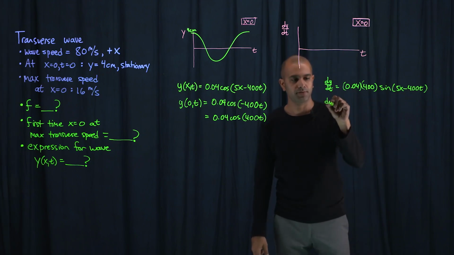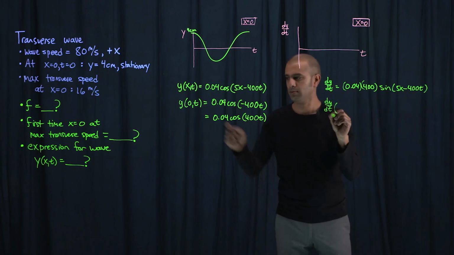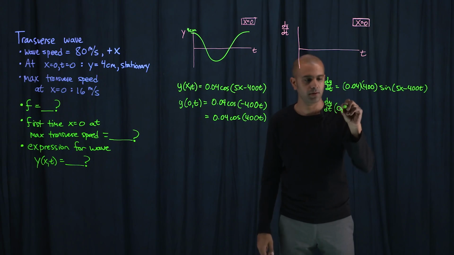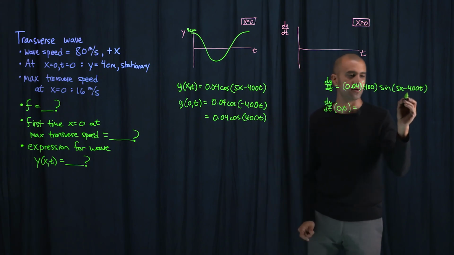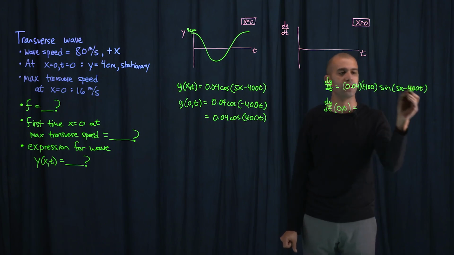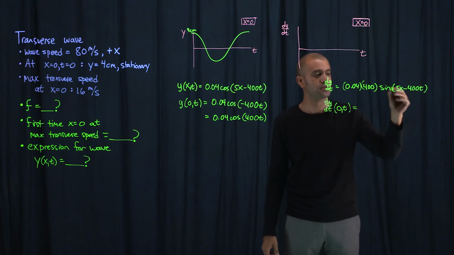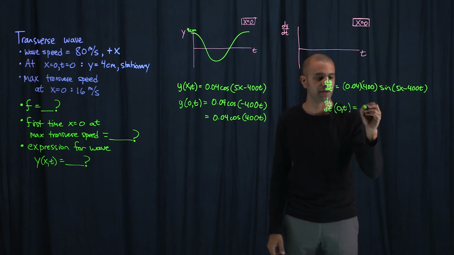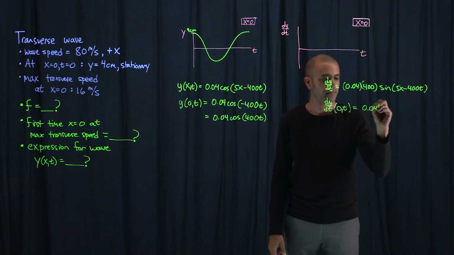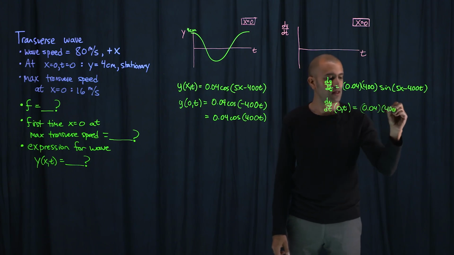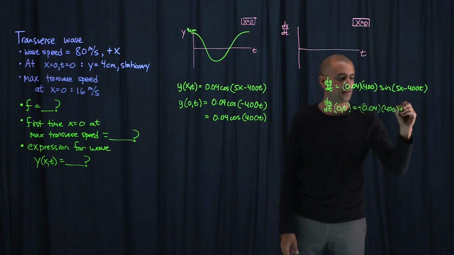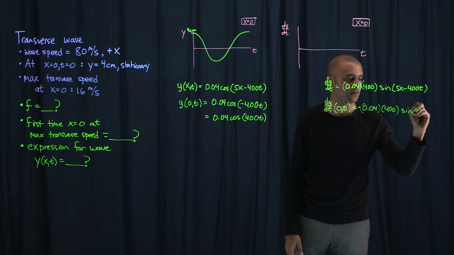If we're only looking at the point where x equals 0, then we can plug in 0 for x here. The sine of a negative quantity gives you a negative sign, so it brings the sign out front as a negative. I'll put the negative here, and that's the same thing as the sine of 400t.